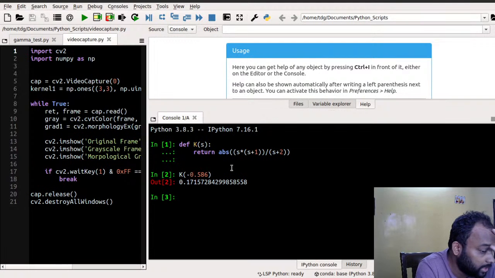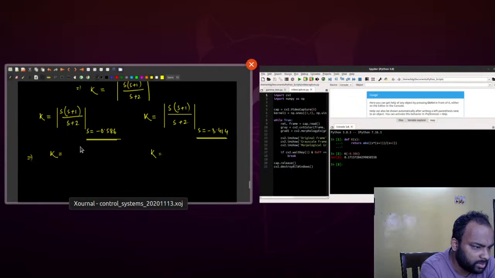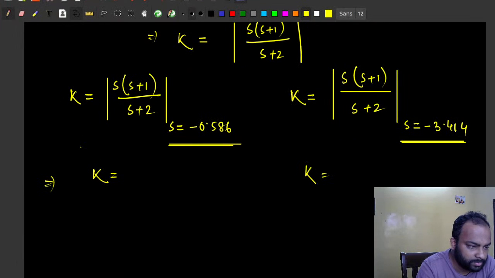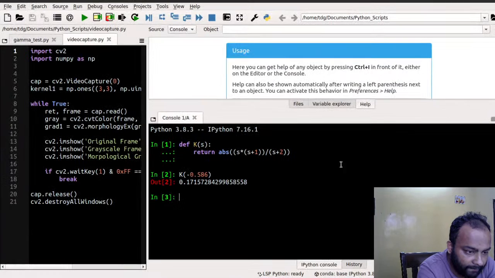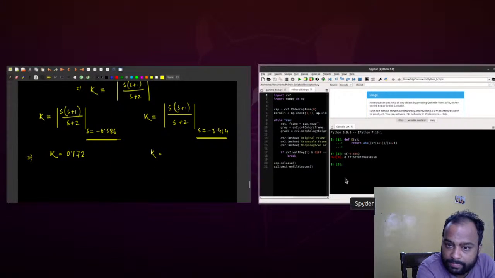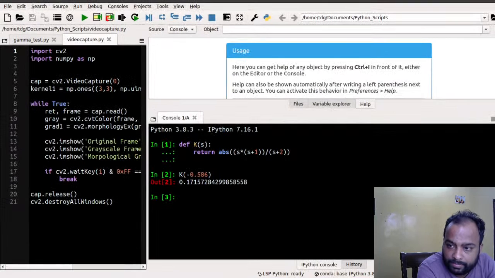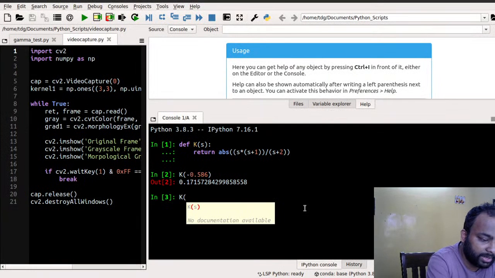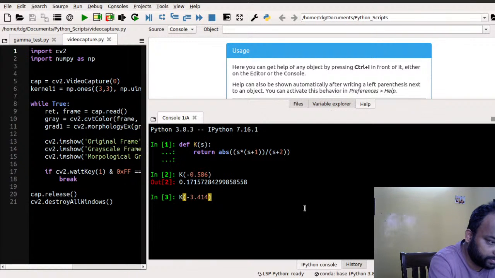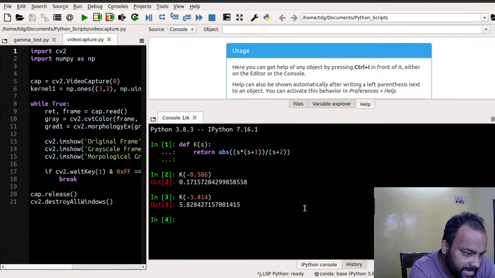All right, that's 0.172. No minus sign. There is a mod on the whole thing. And the other one, I'm calculating k at minus 3.414, would be 5.83.